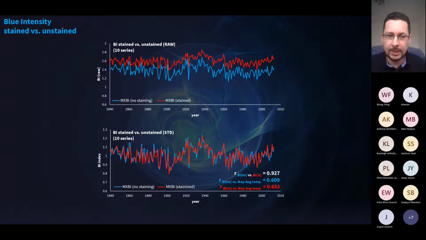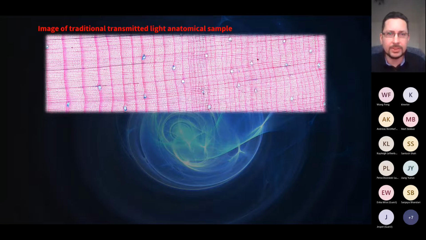Potentially this might be a way of bypassing some of the color biases, even with hardwood-sapwood transitions and more pronounced color differences, if we could stain the sample in a uniform way, even when using normal scanner systems. So I just wanted to mention that. It's quite exciting, I think.